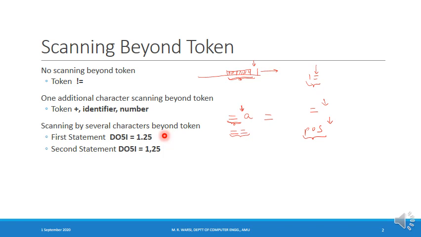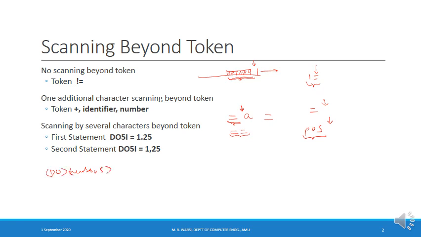Now let us look at the lexemes and tokens in the second statement. What are the tokens? The first token is DO, which is a keyword. The second one is the number, and the value of this is 5.